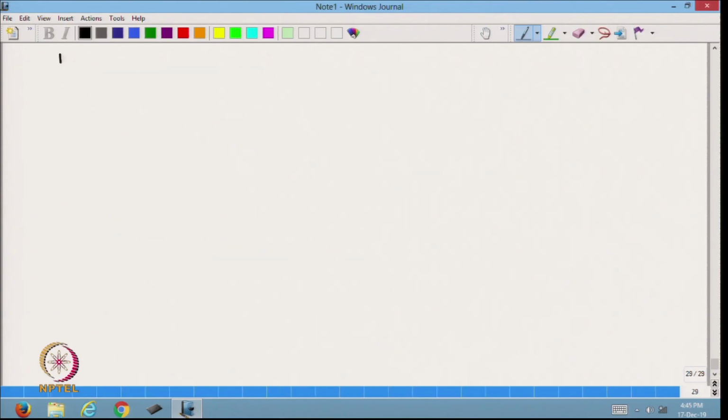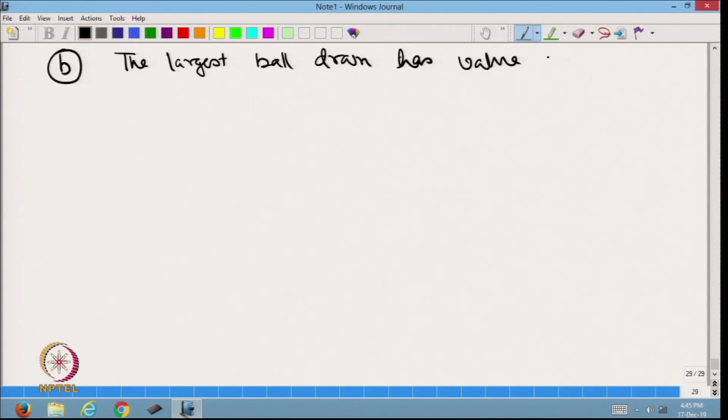B. The event B is that the largest ball drawn has value equal to 6.